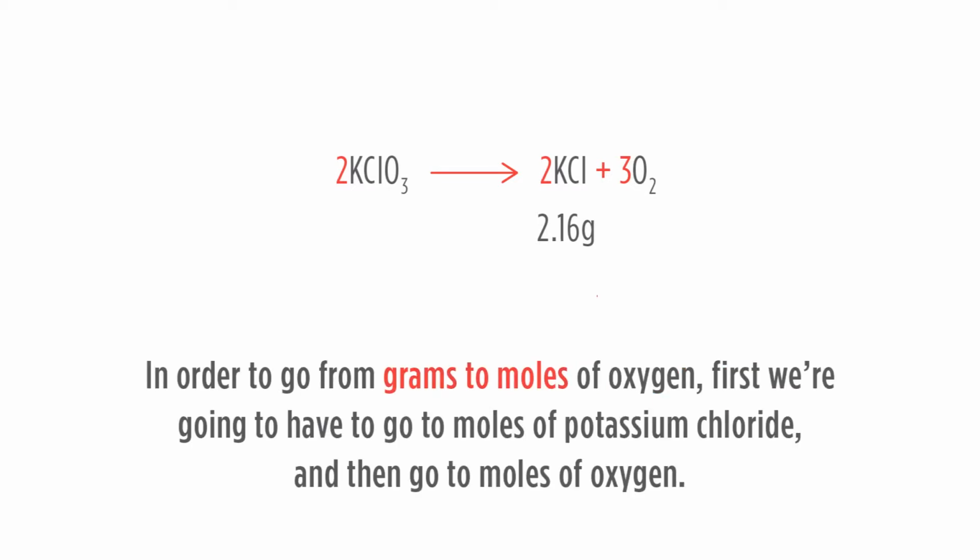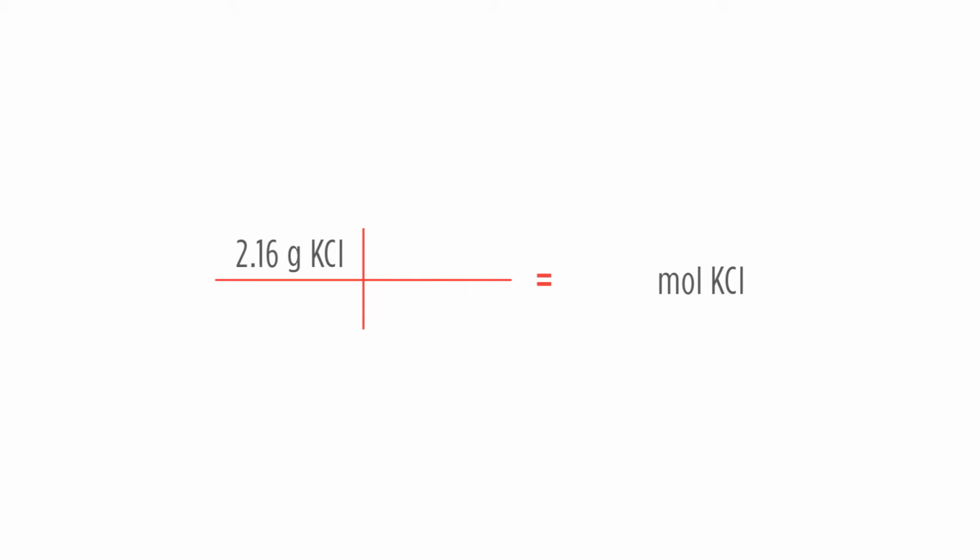Now, to go from grams to moles of oxygen, first we're going to have to go to moles of potassium chloride, then we're going to have to go to moles of oxygen. And then if we had to go back, we go grams. So let's look at that first step. So 2.16 grams potassium chloride, we're going to turn that into moles of potassium chloride.